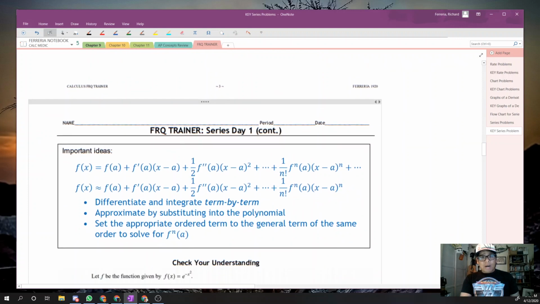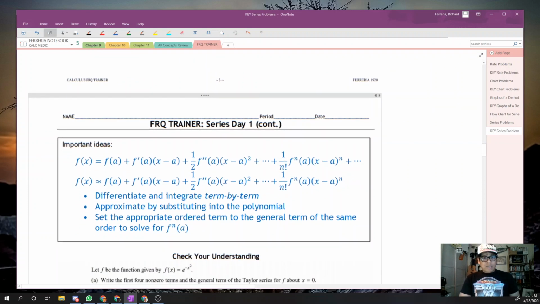Here are our important ideas. Of course, it starts off with how do you construct a Taylor polynomial? How do you construct a Maclaurin polynomial? And also, there's that thing that I was saying earlier. If the function is exactly equal to a whole series, that means the function is only approximately equal to a truncated form of that series, which is another way of saying that the function is only approximately equal to a polynomial.